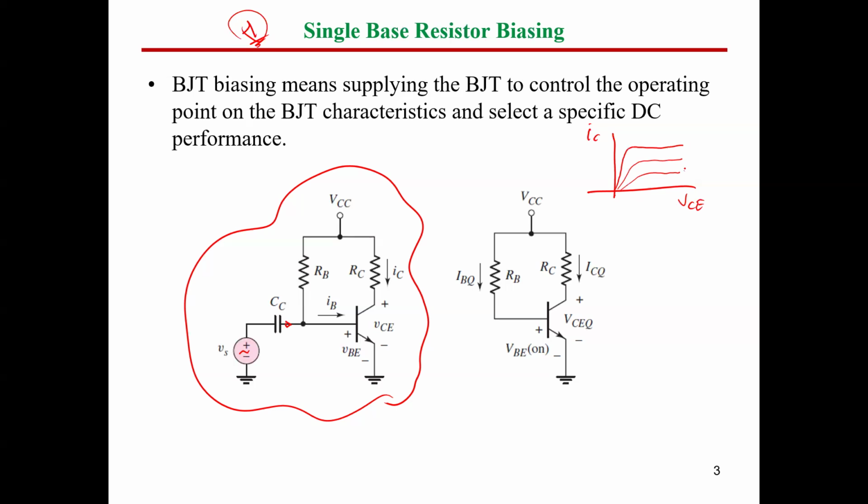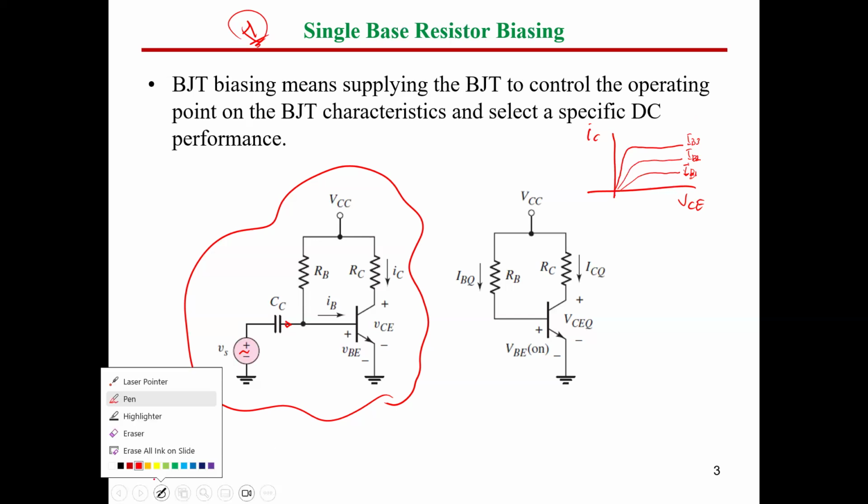So this is here at different values of IB. I'm going to say this is IB1, or let's say capital, because this is going to be DC analysis. So IB, even capital B, not little b, okay, IB3. So at different values of IB, we will design for sure what's called our load line.